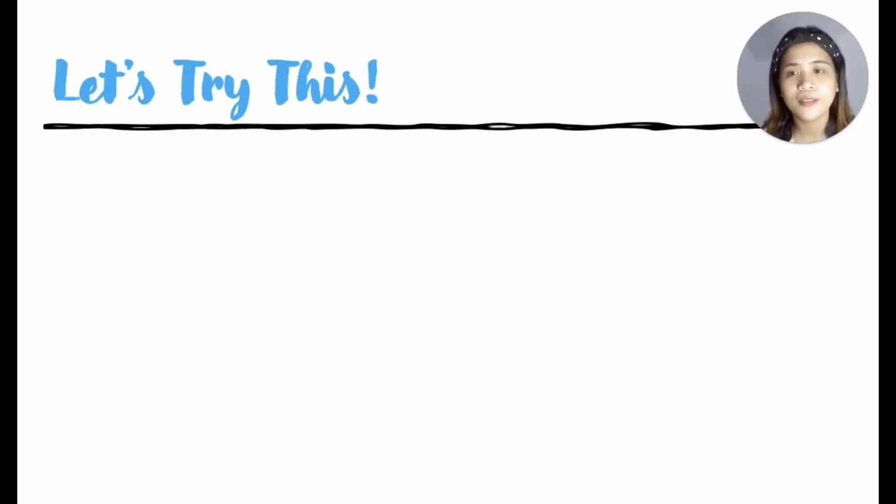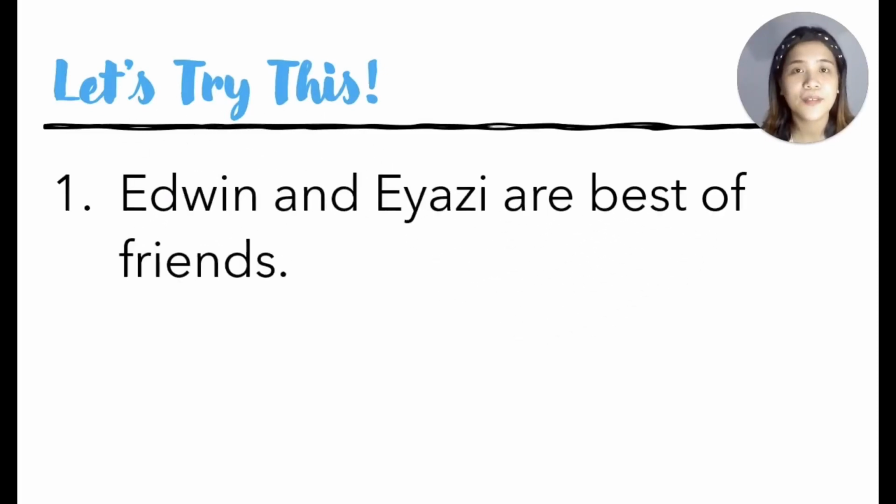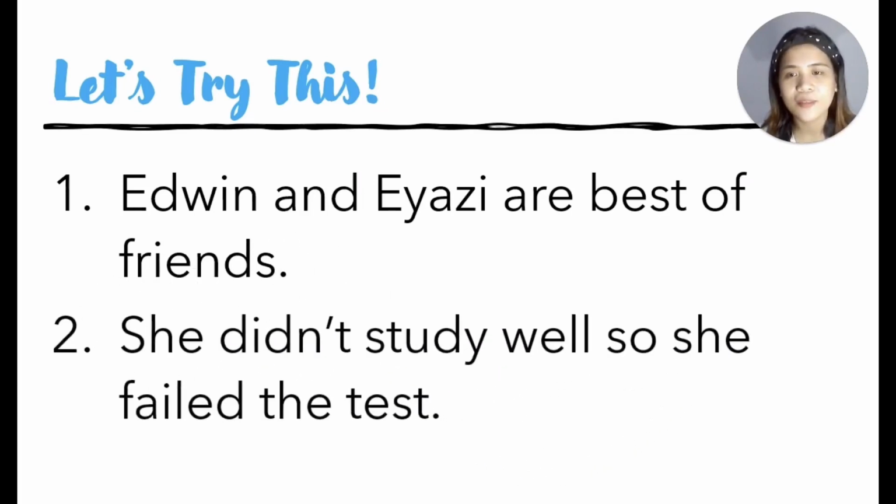Let's try this one. Identify the conjunction in each sentence. Alin dyan yung words na nagko-connect ng words, clauses, phrases, or sentences? Number 1, Edwin and Iazi are best of friends. Number 2, she didn't study well, so she failed the test.